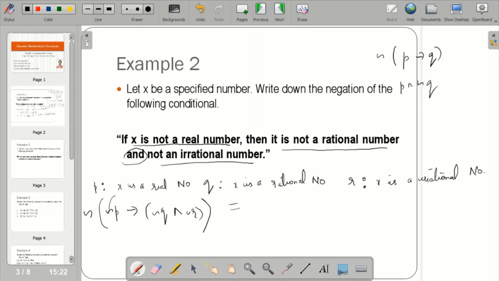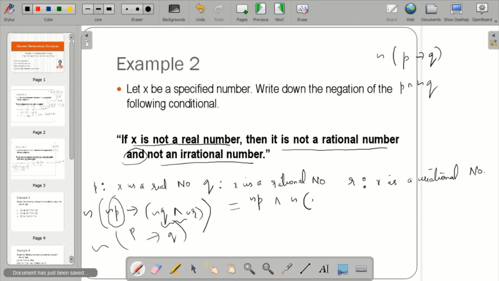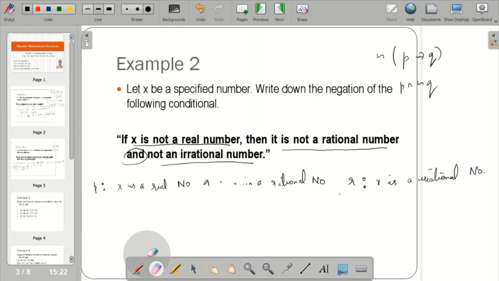So this term we will take as p. This term we will take as q. So the negation of p conditional q will be nothing but just p. As it is, just p means, in terms of ours, it is negation p and negation of q. Within q we have negation of q and negation of r. So if you want, I'll write it again here. I'll repeat again.